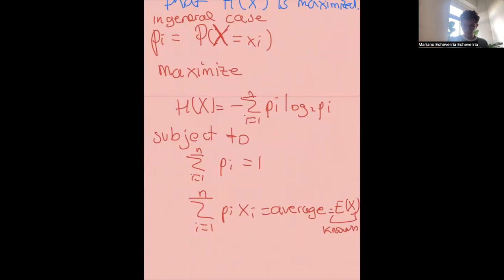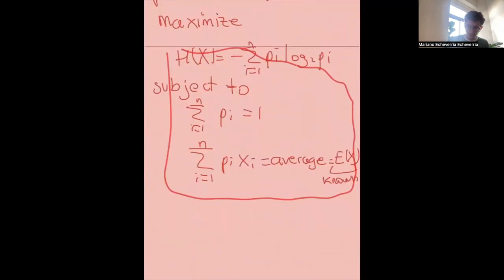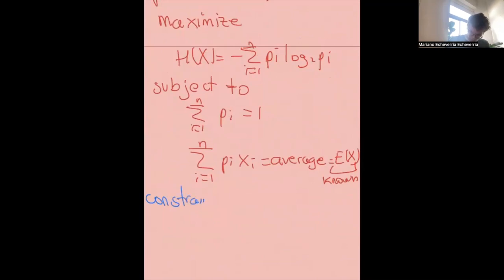The difference with what we were doing before is that before we only maximized the entropy subject to one constraint. Now we're going to maximize the entropy subject to two constraints. There's a first constraint, let's call it G1, and the second constraint, G2, which is that the average should be this known quantity.